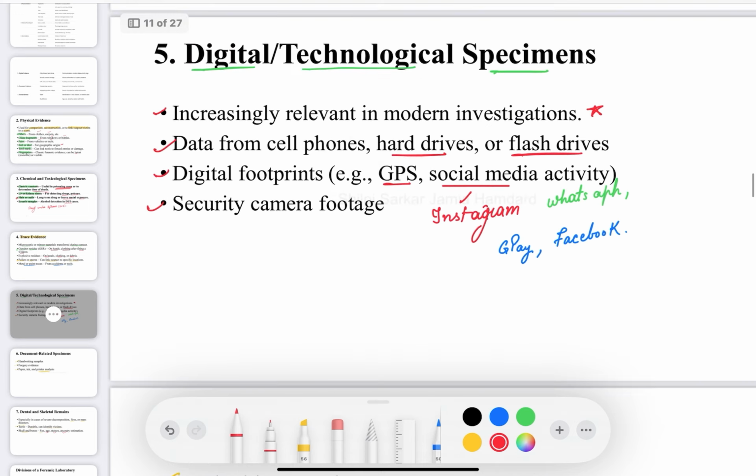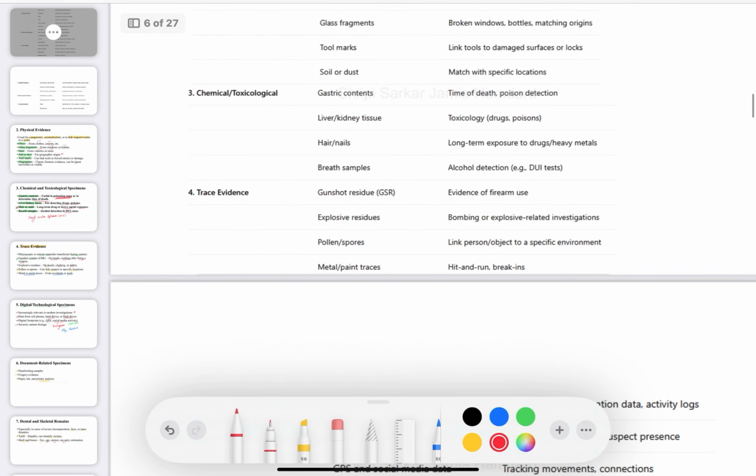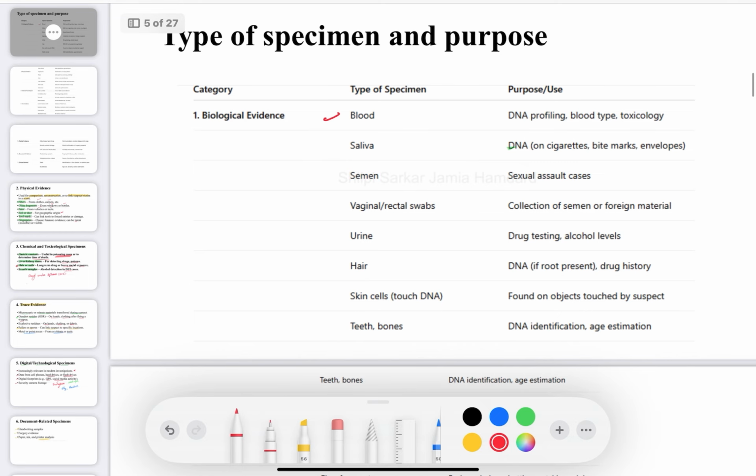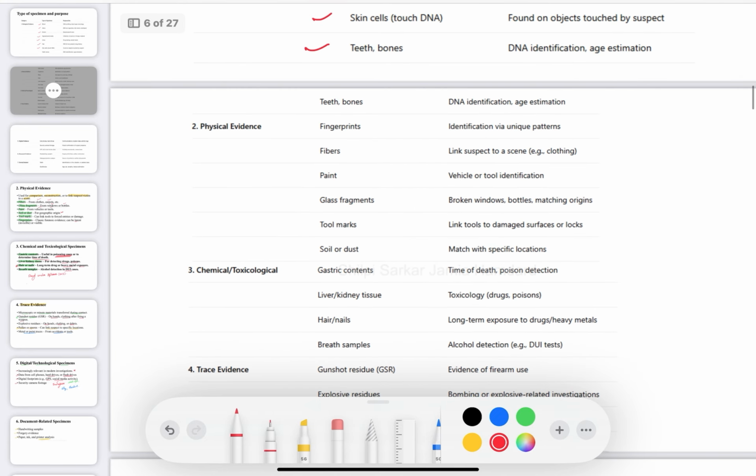Let us summarize in a quick way. Biological evidences can be DNA, saliva, semen, vaginal or rectal swab, urine, hair, skin cells, teeth, bones. Physical evidence can be fingerprints, fibers, paints, glass fragments, tool marks, soil or dust.